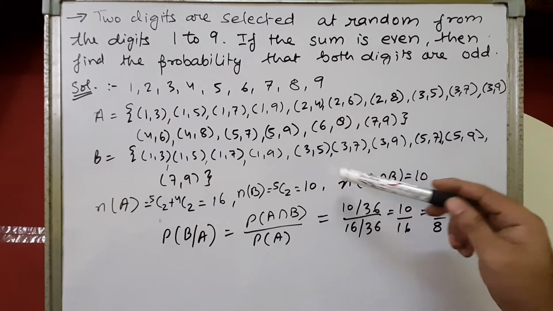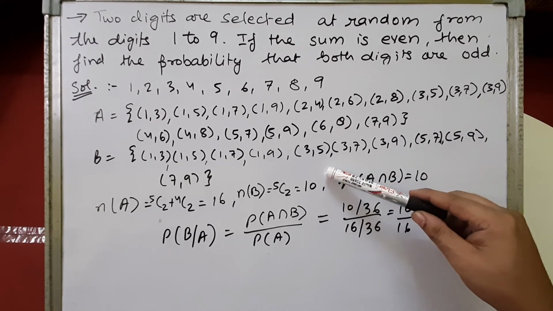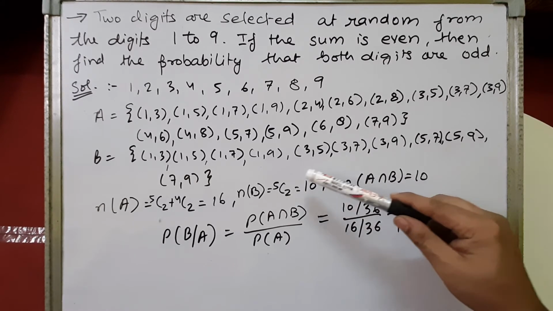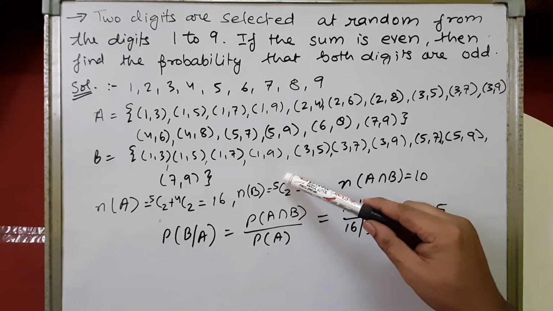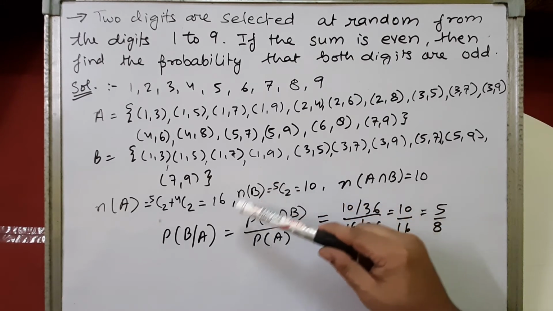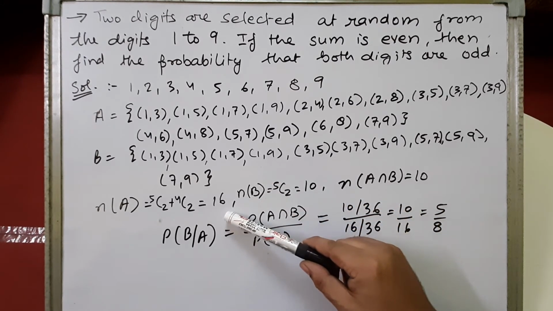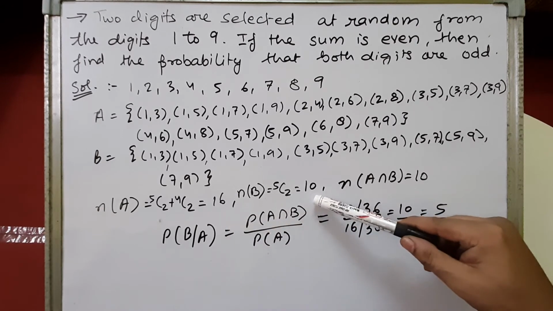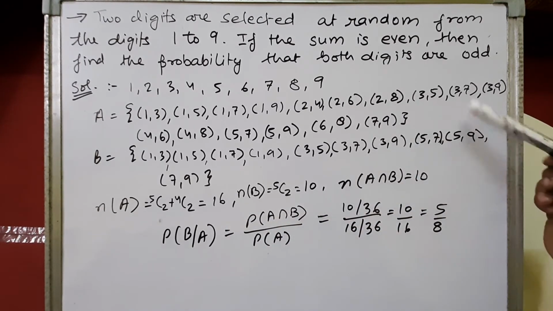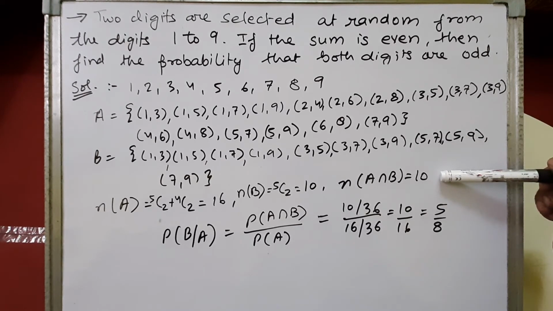And in set B, when both the digits are odd and the sum is even, we can say that the favorable events will be 1, 3, 1, 5 and so on up to 7, 9. Okay, so number of favorable events of A is 16. Number of favorable events of B will be 10. And number of favorable events of A intersection B, if we calculate, all the events of B are in A, so A intersection B will also be 10.